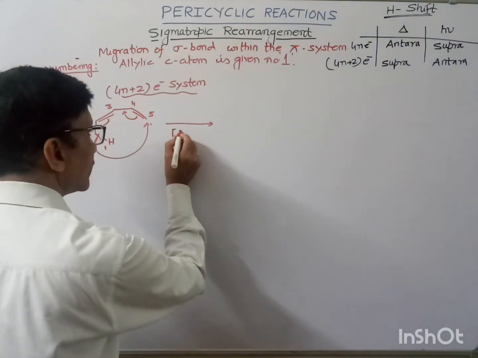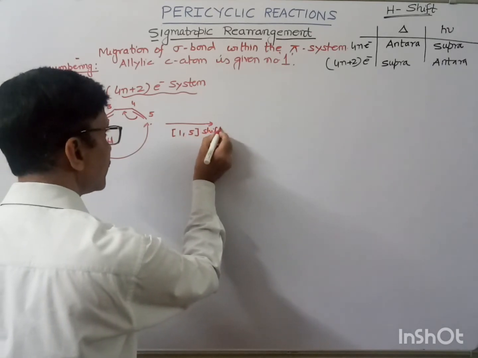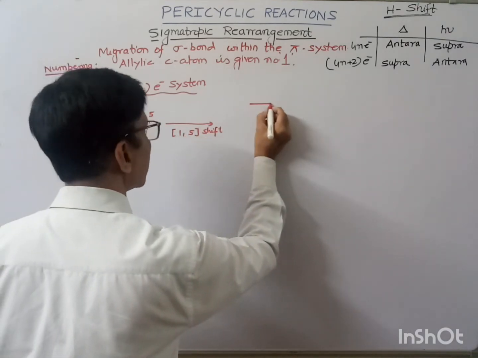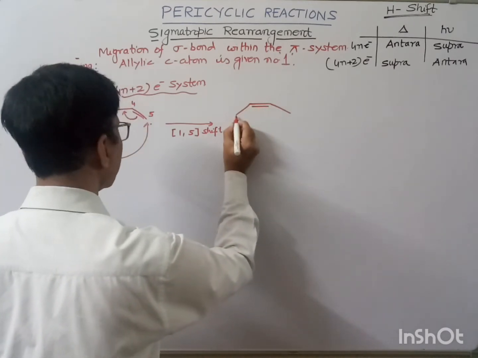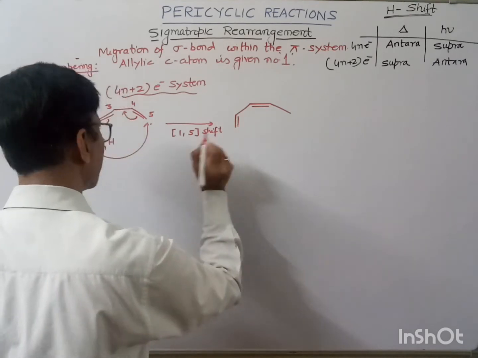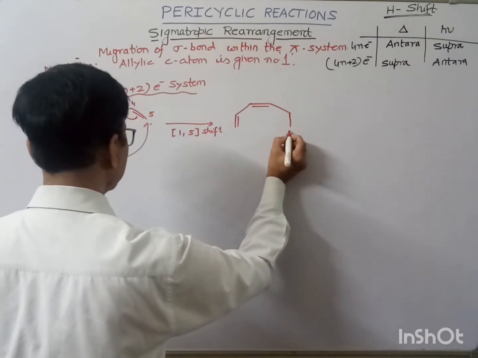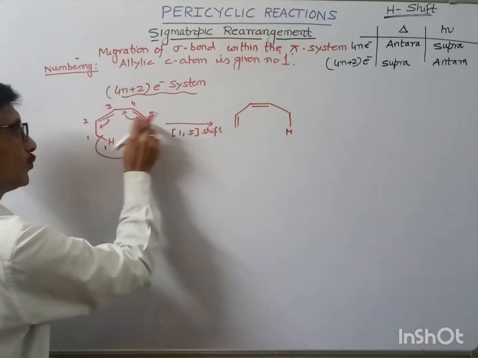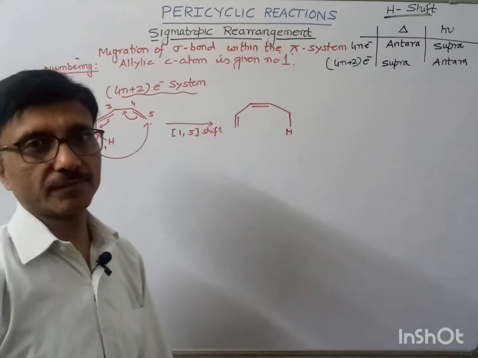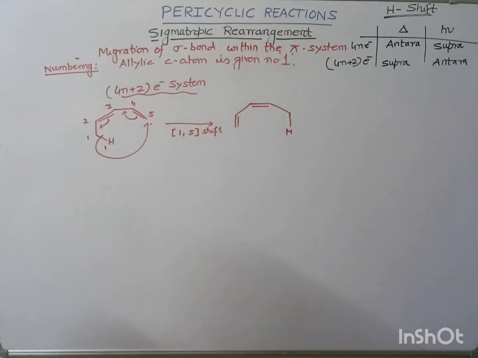Here we get a 1,5 shift. Finally you will get a single bond here, this is our double bond over here, a new double bond is formed over here, and a new sigma bond is formed. So hydrogen is shifted from the 1st to the 5th position, a 1,5 shift.